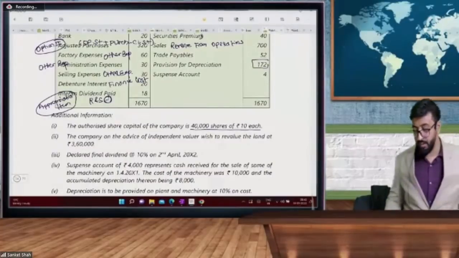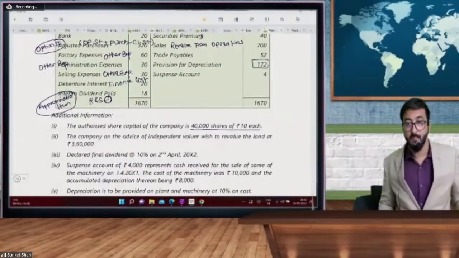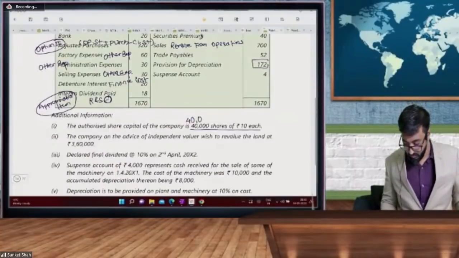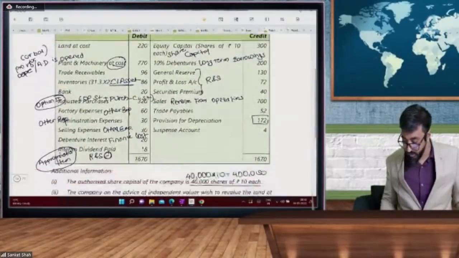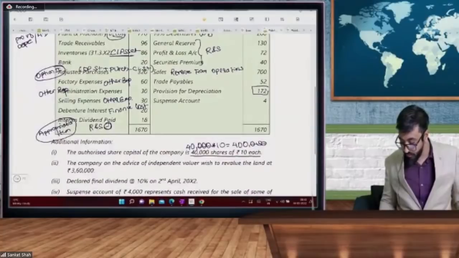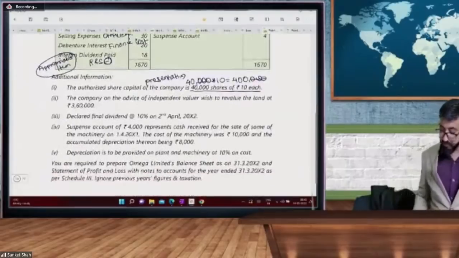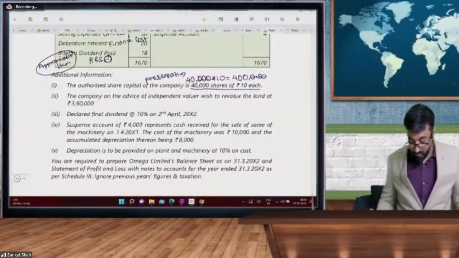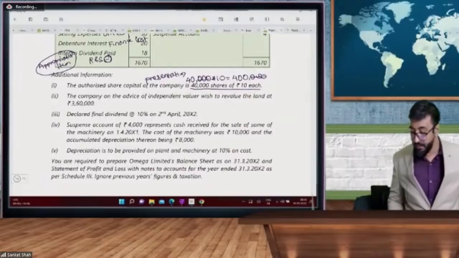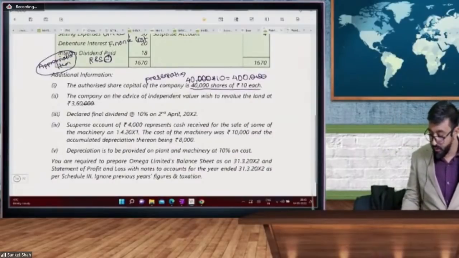Authorized capital 40,000 shares of 10 each. This is only for presentation. Figures in 1000. So this is 400. The company on the advice of an independent valuer wishes to revalue their asset.